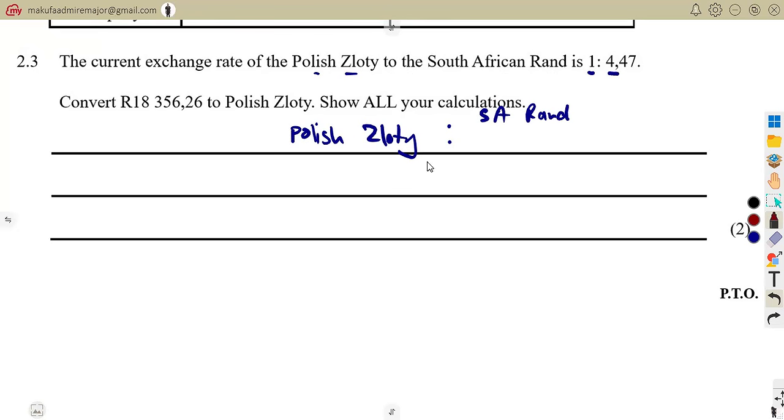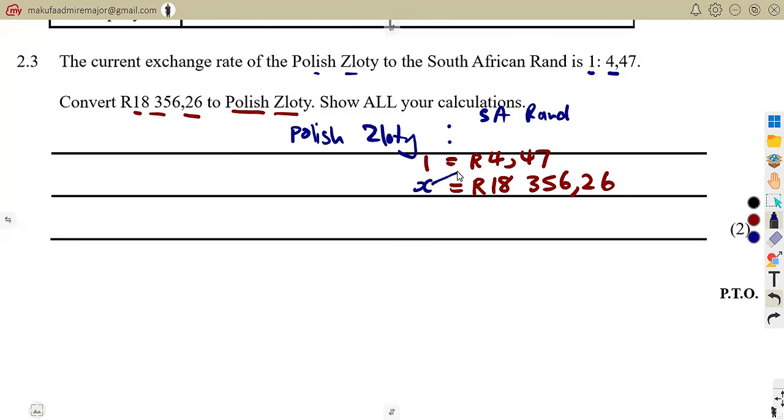So this is what you're given as a ratio, meaning to say 1 zloty is equal to 4,47 rand. So convert 18,356,26 rand to the Polish zloty. We do not know the equivalent, so let's just call it X.